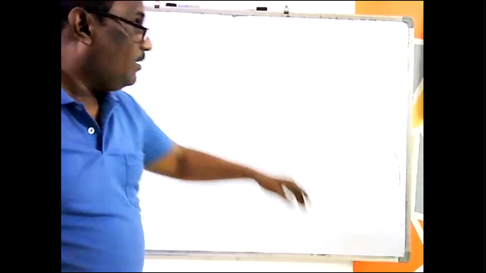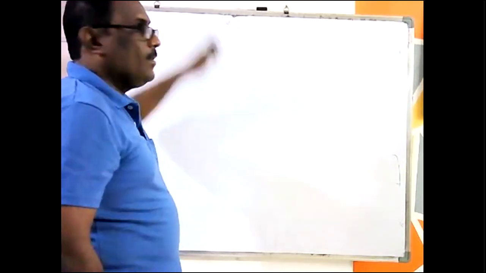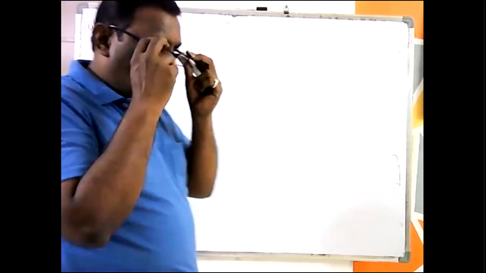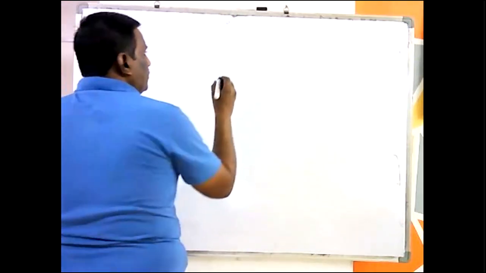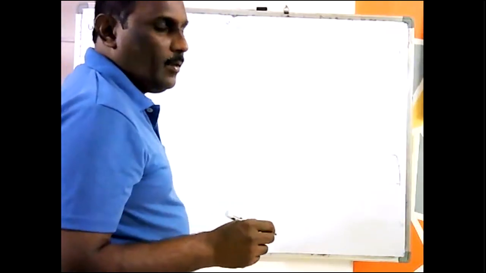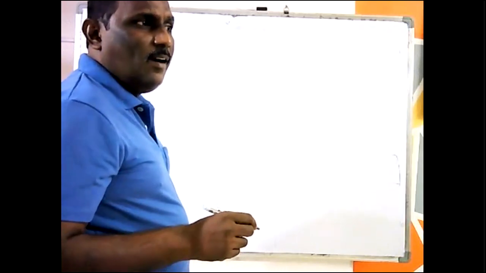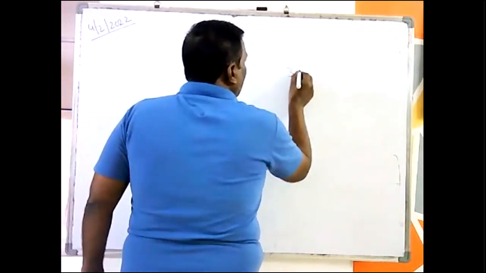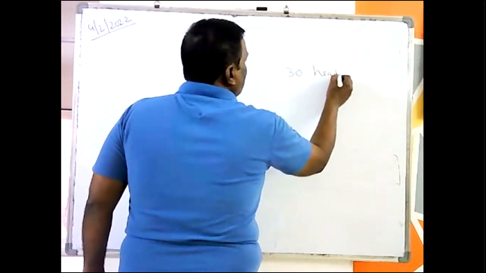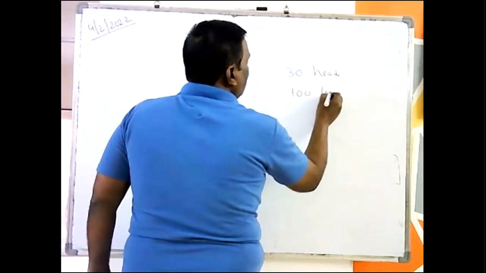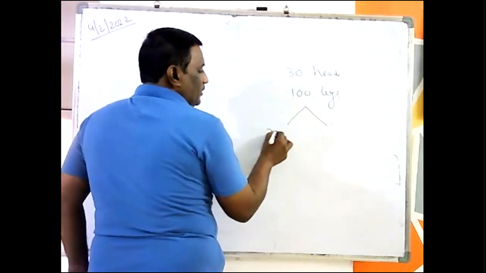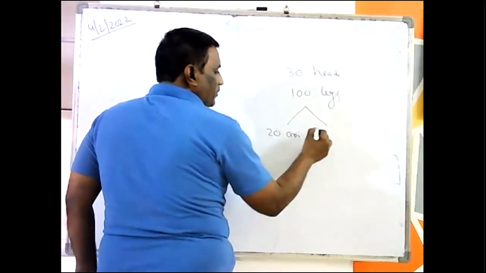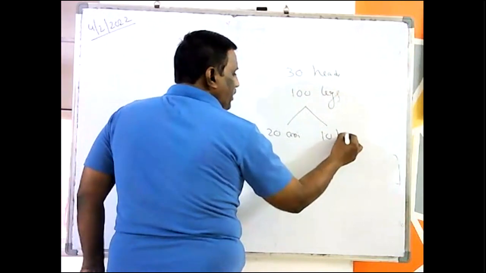30 heads and 100 legs. What is the answer? No one gave the answer from your section. 20 animals, 10 birds.